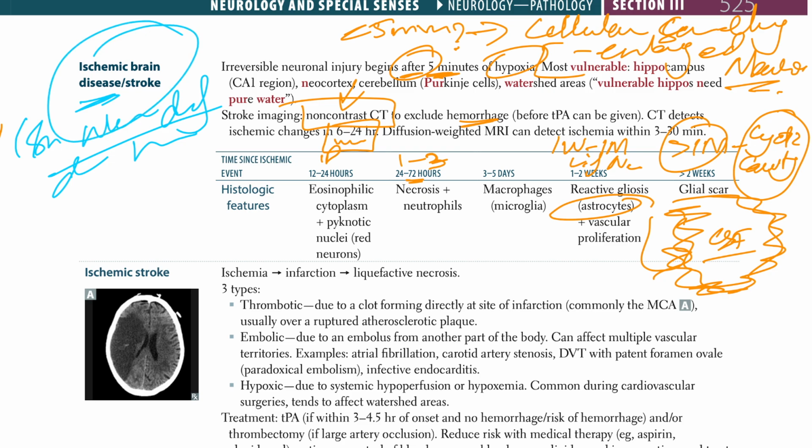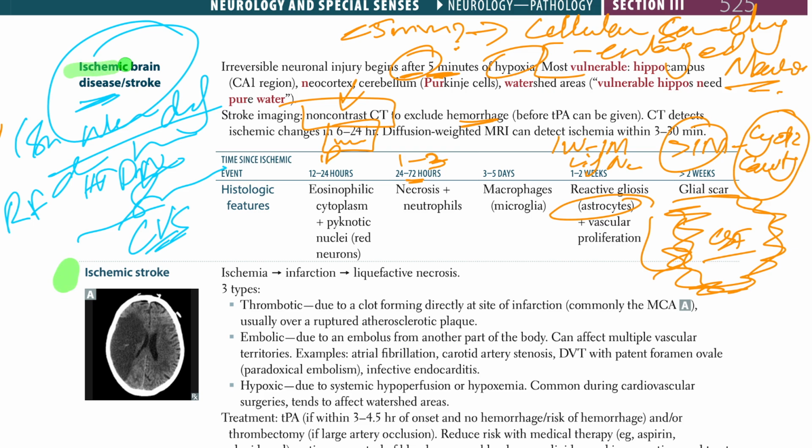Risk factors for ischemic brain disease are hypertension, diabetes, hyperlipidemia, smoking, almost the same as cardiovascular risk factors. So let's quickly go through these and move on to the next thing, which is actual ischemic stroke.